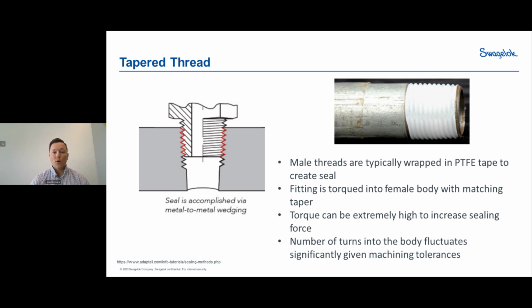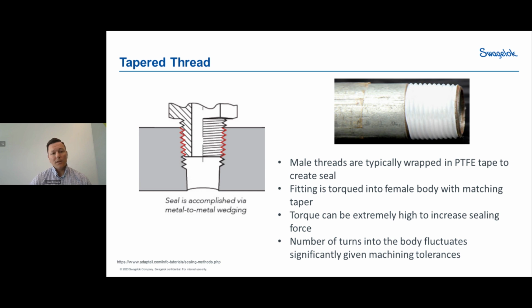Tapered threads really work on the interference of the slight taper between the male and the female ends, facilitated by some sort of sealant, very commonly PTFE, that helps to create that seal, and as it's torqued down, really plays into creating a positive environment for sealing.